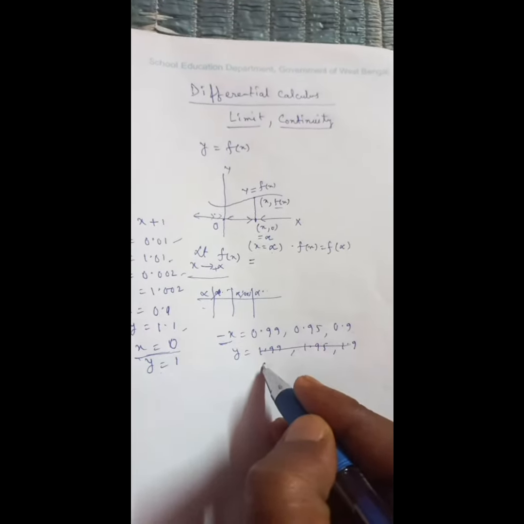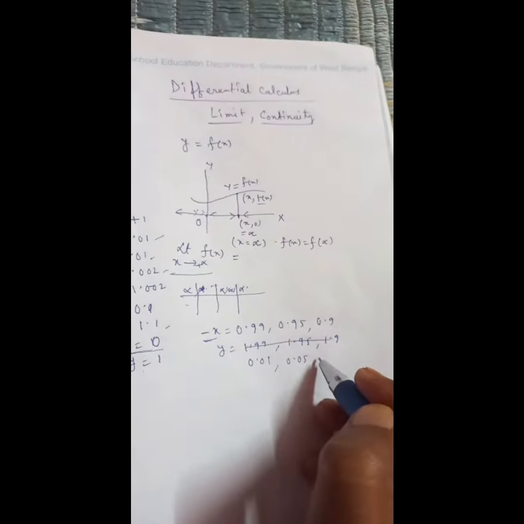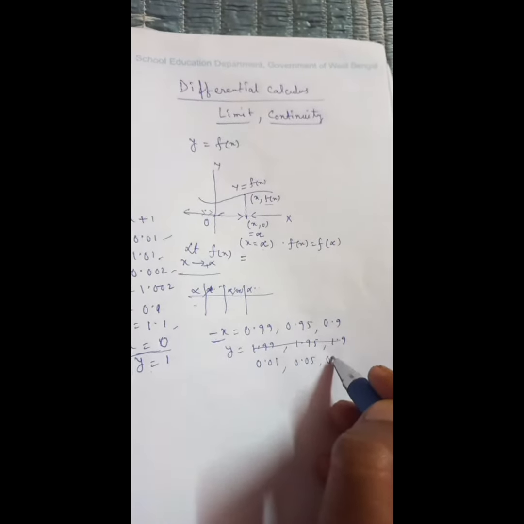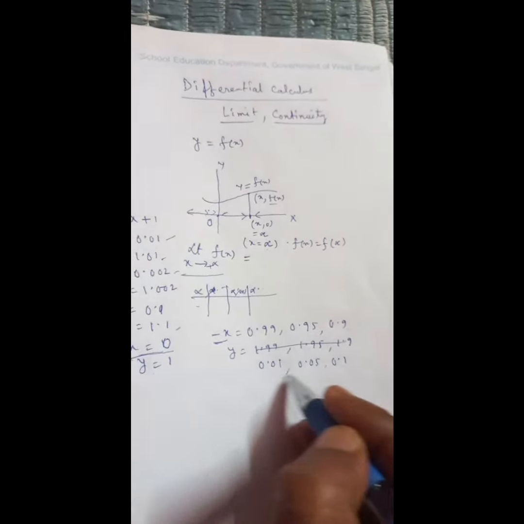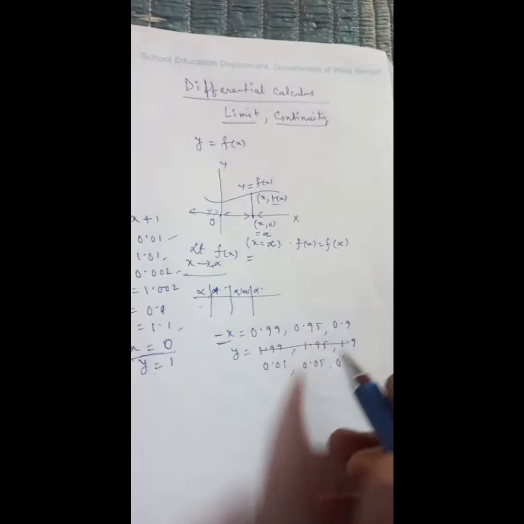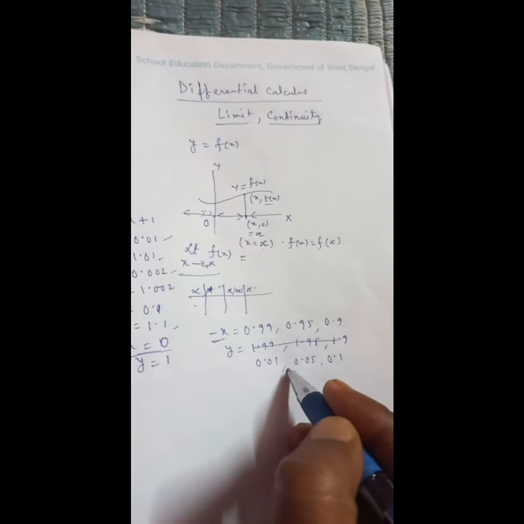This will be 0.01, this will be 0.05, this will be 0.1. So here also we can look at this as we approach from the left hand side to the point 0, y again touches the origin O, meaning x is equal to 0.